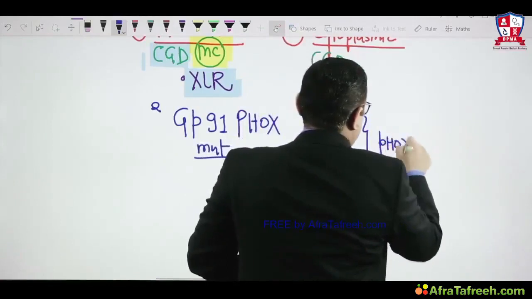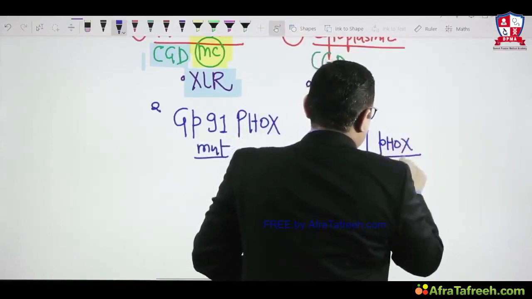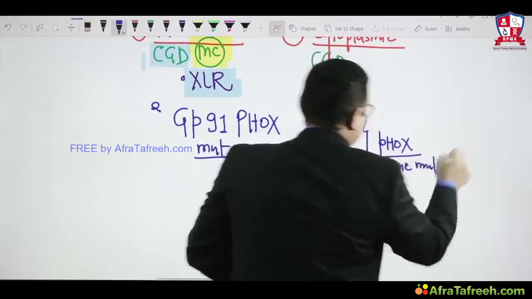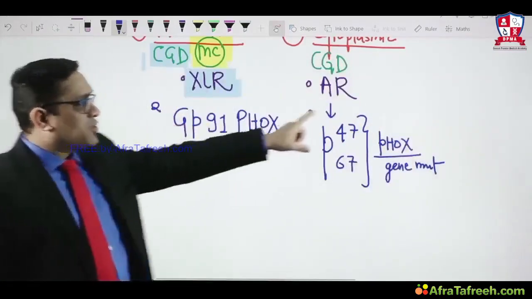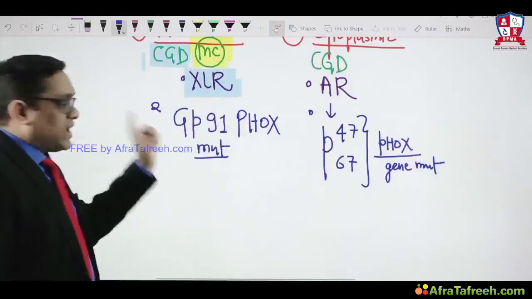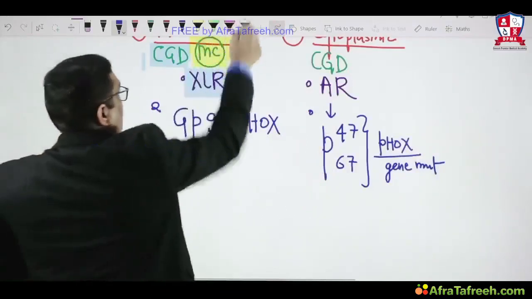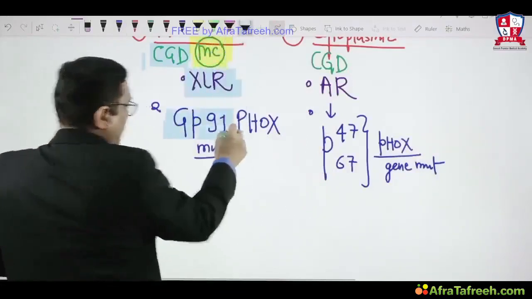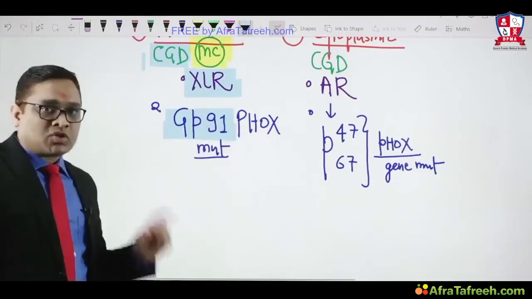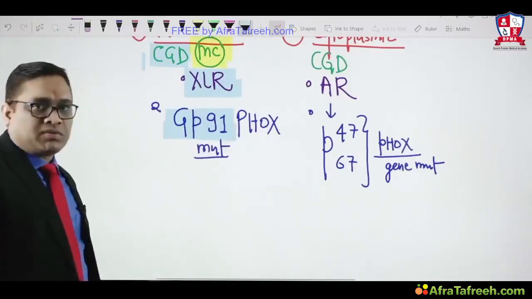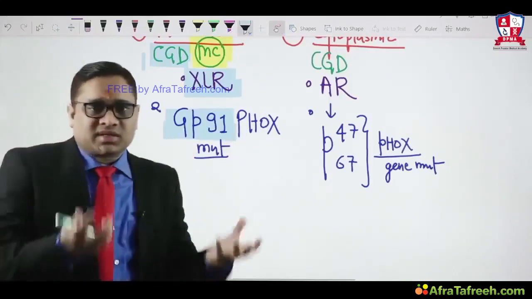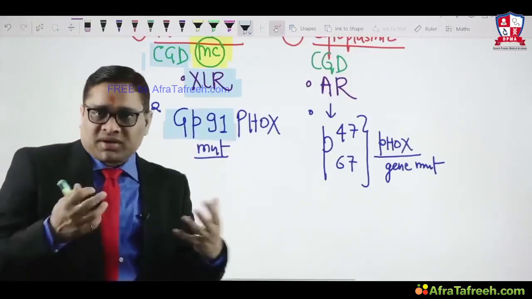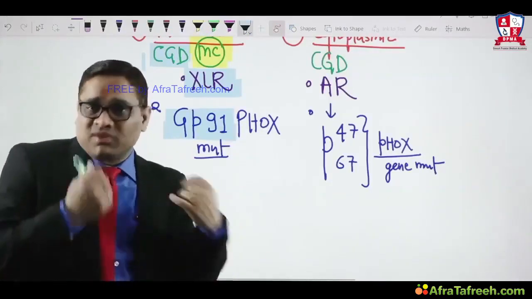So 47 and 67 FOX gene mutation is responsible for the autosomal recessive type, whereas for membranous, the most common type, it is GP91 FOX gene mutation. Because of this mutation, respiratory burst is defective, and because of this defect, NADPH oxidase will not be formed.